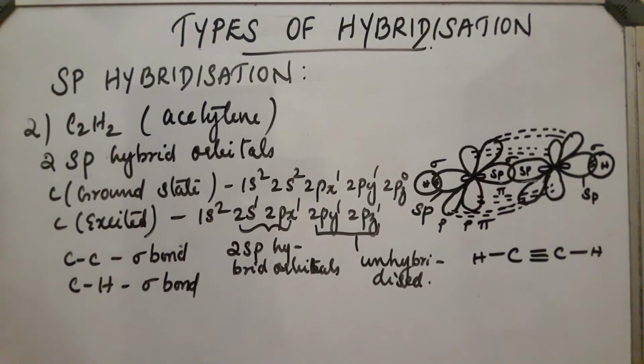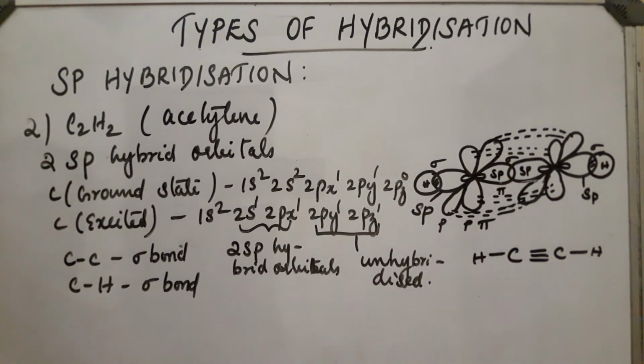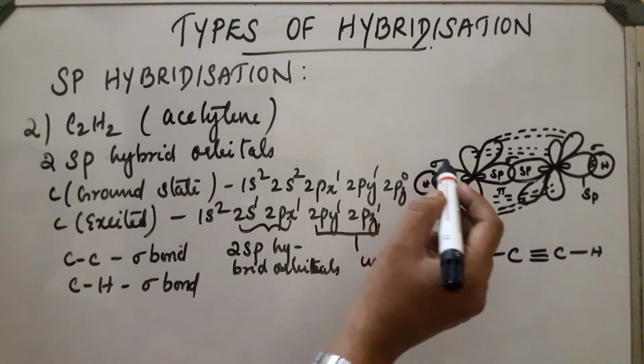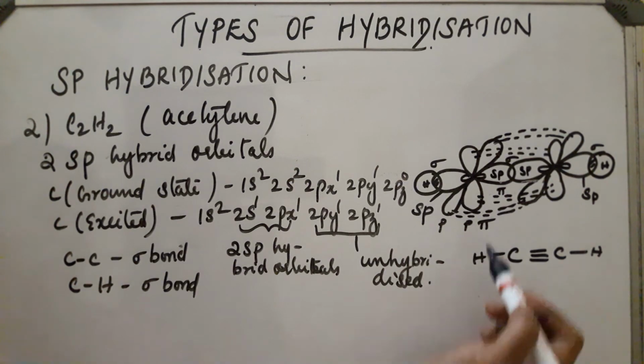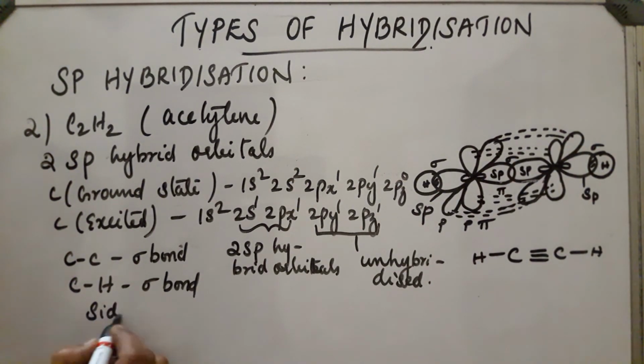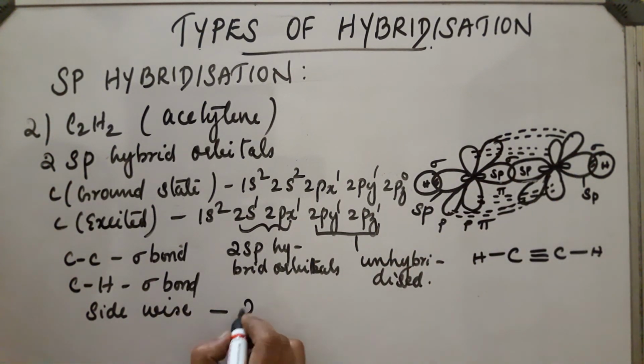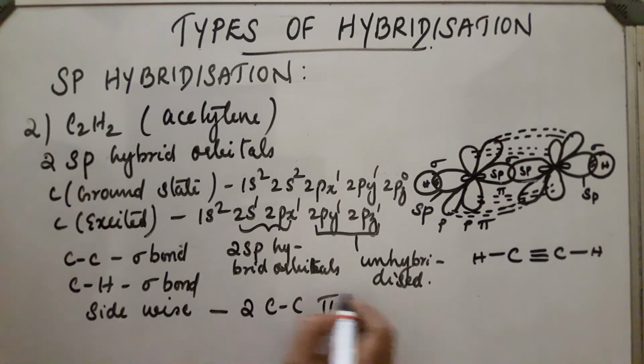Now it contains two unhybridized p orbitals, which are perpendicular to the plane of the sp hybrid orbitals. These two are perpendicular to each other and overlap sidewise, forming two C-C pi bonds.